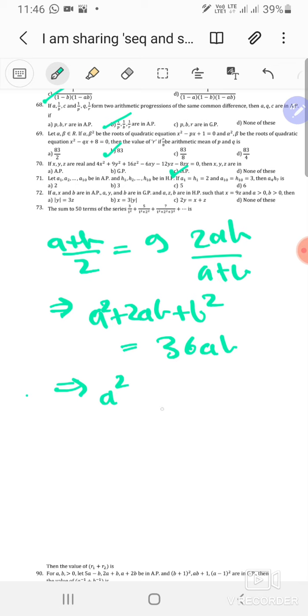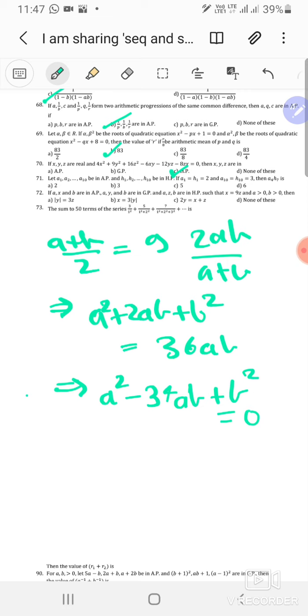So then a squared minus 34ab plus b squared is equal to 0. There are no solutions to this in any way, but okay, no problem.